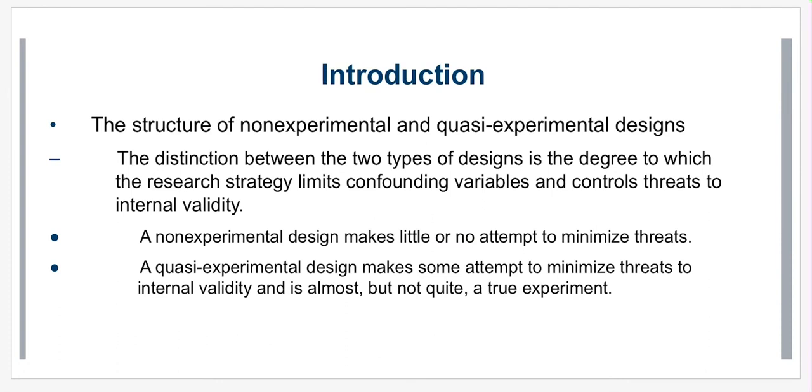But before we discuss this, I want to touch on something that your textbook points out in the introduction part of the section. It says that in many research situations, it's difficult or impossible for a researcher to completely satisfy those rigorous requirements for an experiment, like we just talked about.